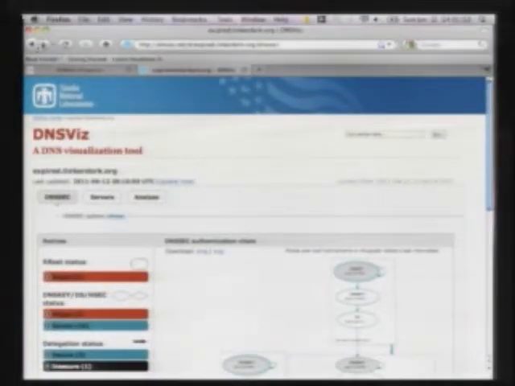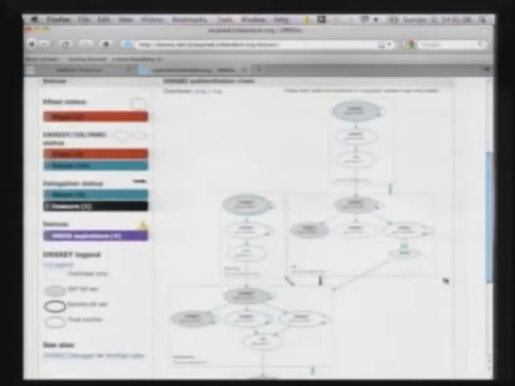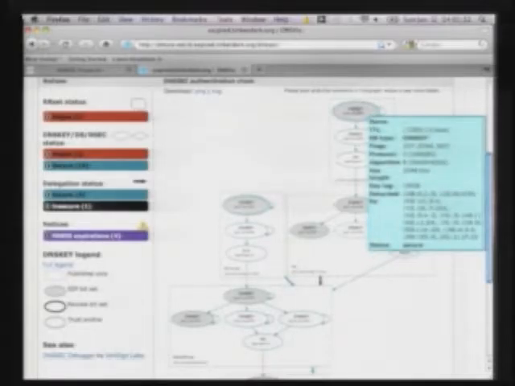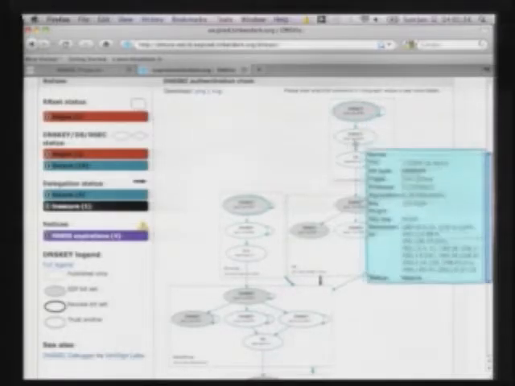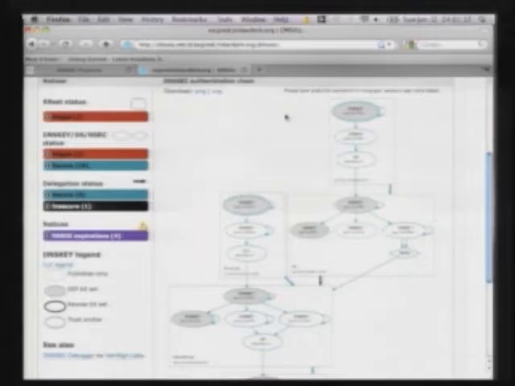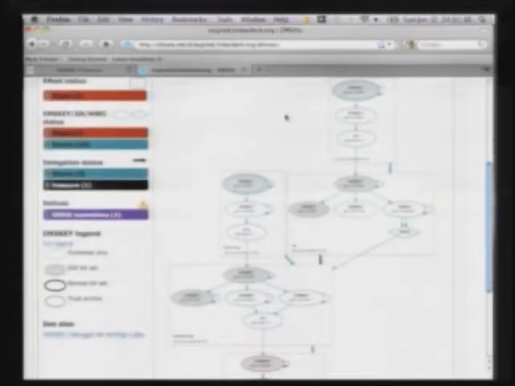Okay, so DNSviz has returned. And what it's given us is a very nice graphical representation, which I can actually mouse over and look at things. This shows me the chain of trust from the root on down.